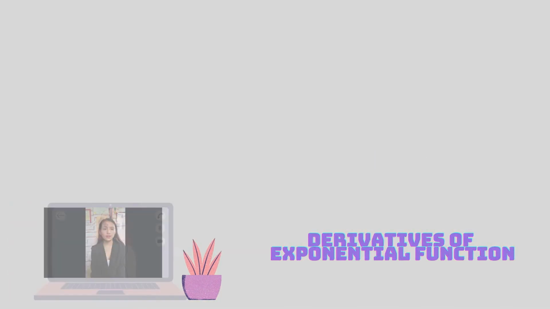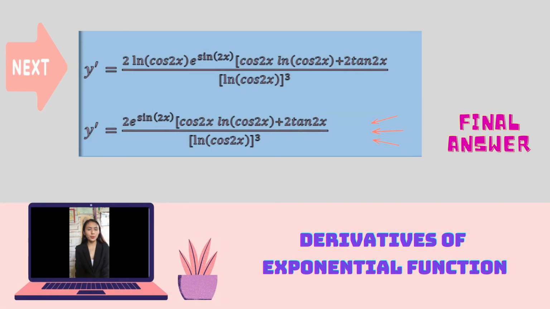raised to 4. Then we have y prime equals ln cosine 2x e sine 2x times the quantity of cosine 2x ln cosine 2x plus 2 tan 2x over the quantity of ln cosine 2x raised to 3.